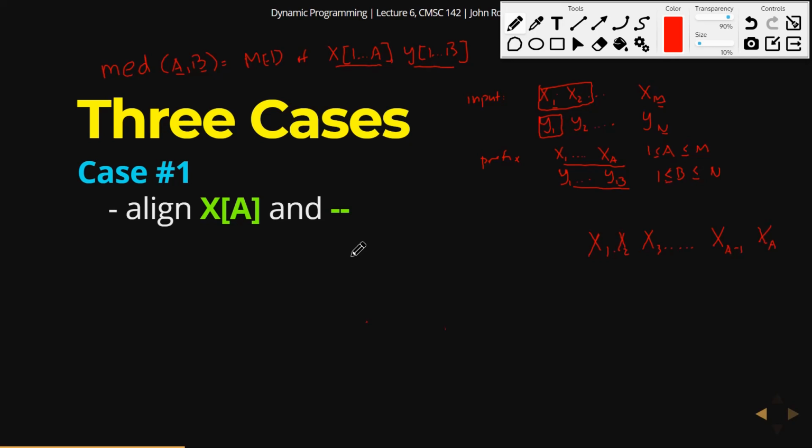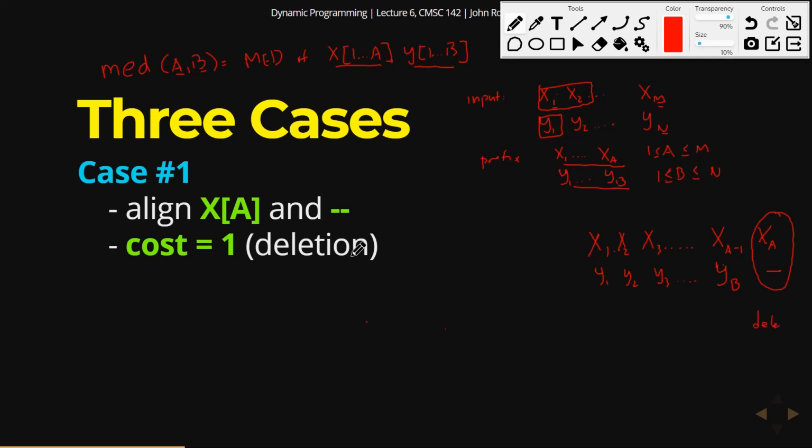So it could be Y1, Y2, Y3, YB here, and then aligned with a blank, right? So if we align XA with the blank, there is a cost of 1 because this is a deletion, right? So since we deleted, we will have to add a cost of 1, right?